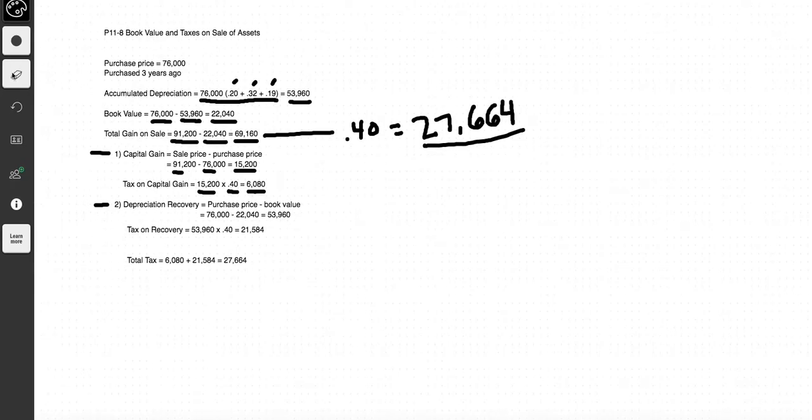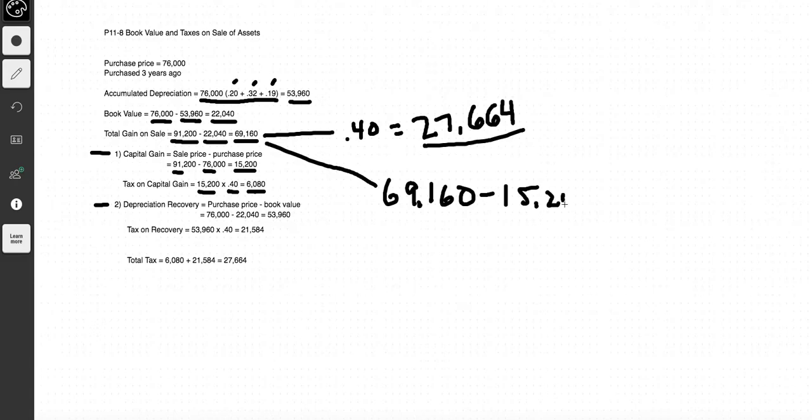So if we were to take the total gain that we've already calculated, the 69,160, and subtract the capital gain portion of 15,200, we'll see that checks out to be 53,960. So that 53,960 has to be the depreciation recovery amount.